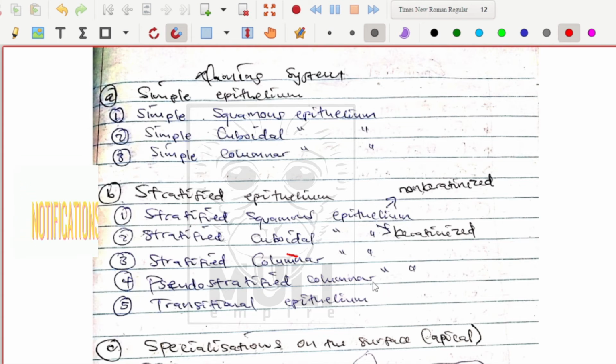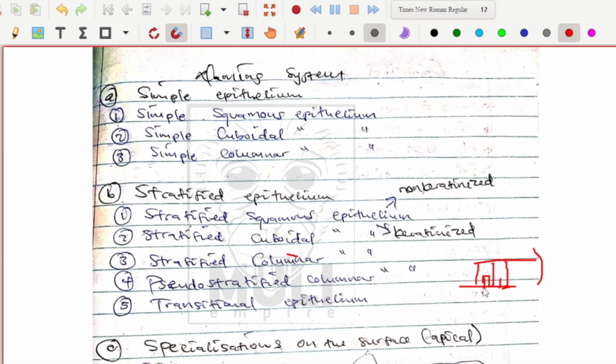Then when it comes to pseudostratified and transitional: pseudo means false stratified. It's not really stratified, but it looks like stratified. This is why certain cells might be shorter than other cells, as you can see here. Some are able to reach the apex, but some, look at this one, are unable to reach the surface, the apex, not so?